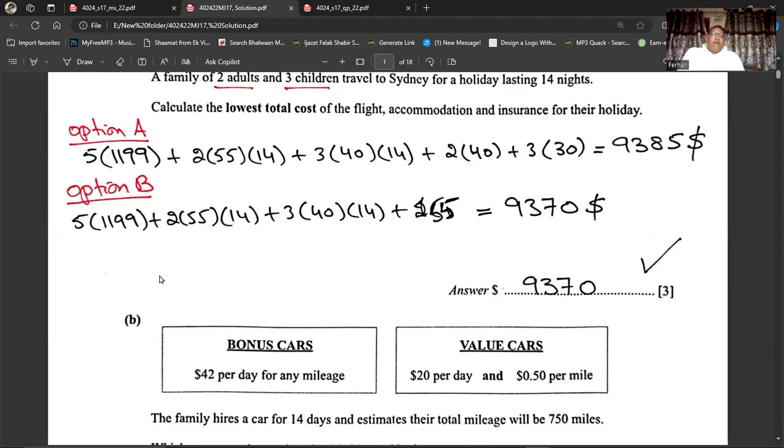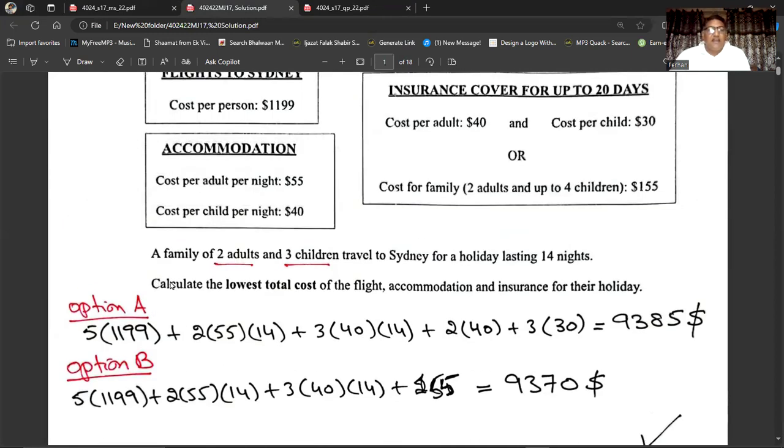So 5 multiply 199 plus 2 multiply 55 multiply 14 plus 3 multiply 40 multiply 14 plus 2 into 40 plus 3 into 30. So the total will be $9,385.